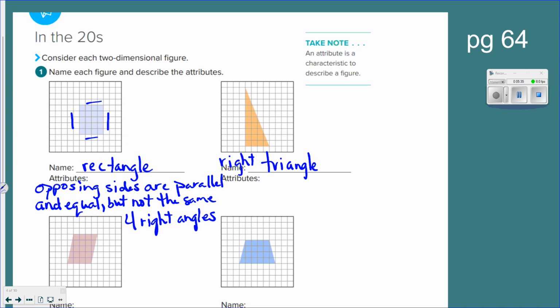Has one right angle. What else about a triangle? Okay, the three sides meet. When we're talking about shapes, we actually talk more about the sides than we do the corners.